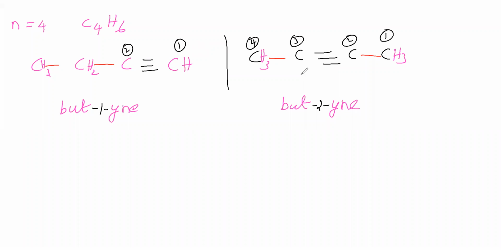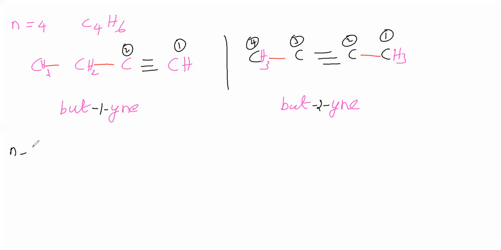The number of carbons in the parent chain is the same for these two. Therefore, these two are not chain isomers. Shall we say these two are position isomers? Yes. Why? Because here the position of the triple bond is 1, and here the position of the triple bond is 2. So the position of the triple bond is different. Therefore, these two are called position isomers.